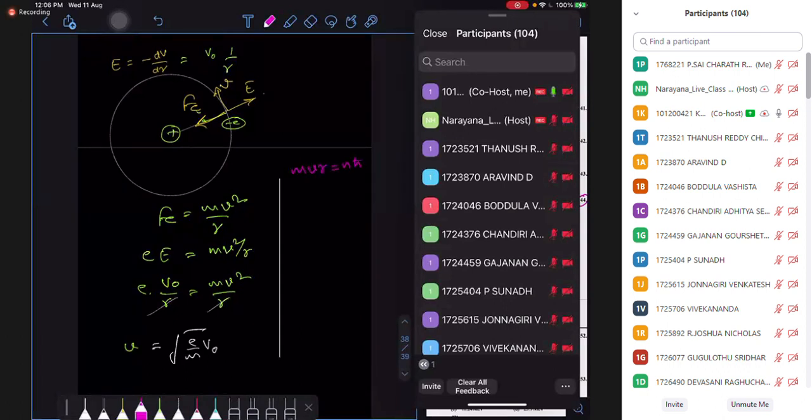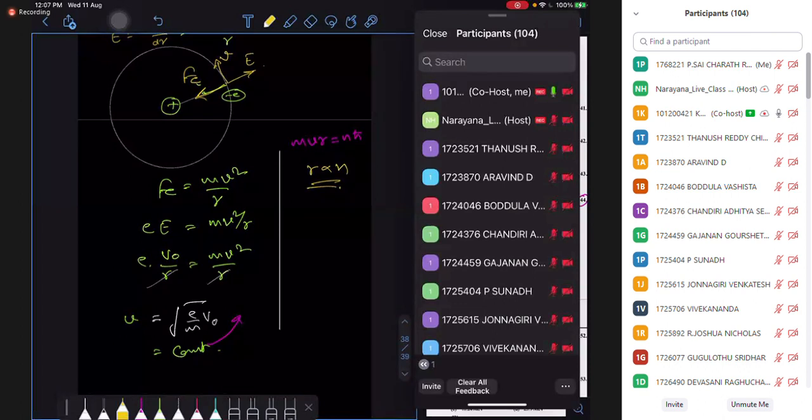So I'm getting here velocity, you can substitute there, that will give R as a function of N. V is constant here, independent of R. So V is constant, M is constant, so my R is proportional to N. So a direct relation is there between the R and the N.